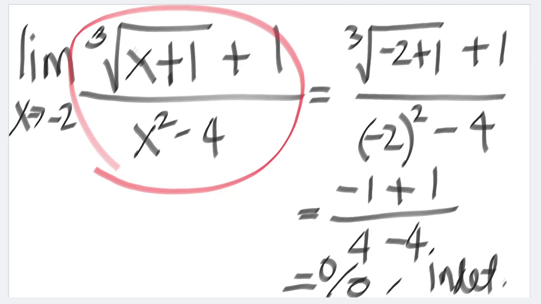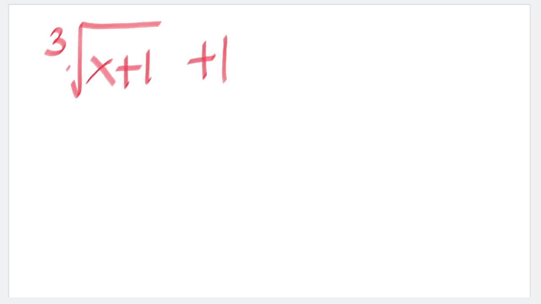So we'll just have to work first on this equation. We have to rationalize this first so that we will get the resulting equation before we evaluate the limit. So to rationalize that equation, cube root of x plus 1 over x squared minus 4.